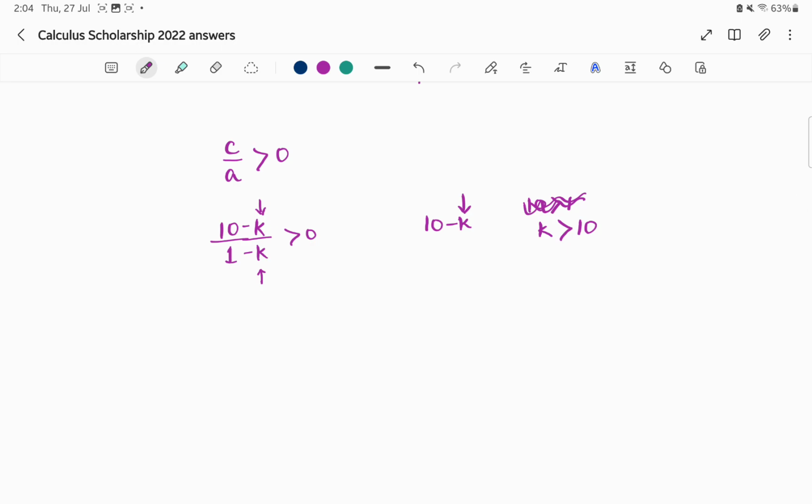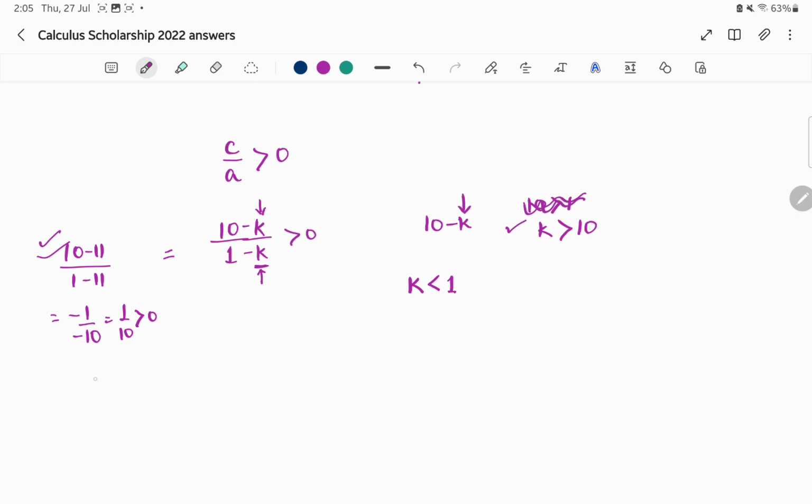So let us suppose that value is 11. So let's try. 10 minus 11 over 1 minus 11 is going to give us minus 1 over minus 10. And that is going to give us 1 over 10, which is greater than 0, right? It's a positive value. So that is possible. For the next case, if k is less than 1, the denominator is positive, and at the top it's going to be 10 minus something less than 1.